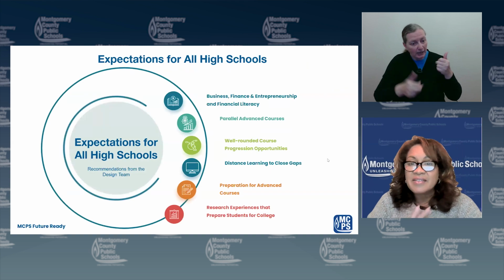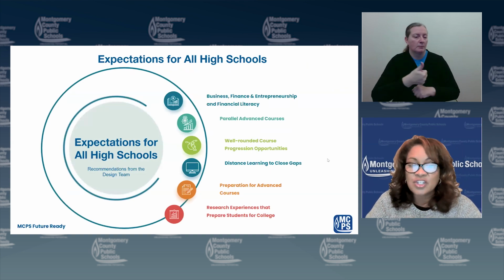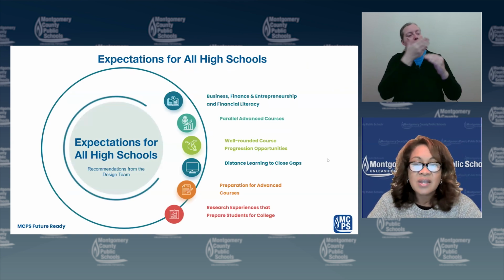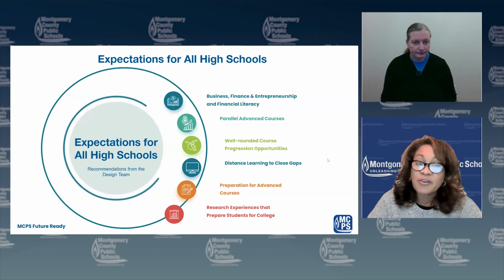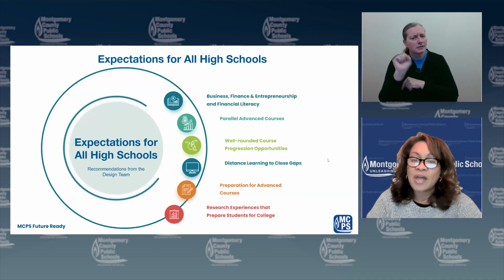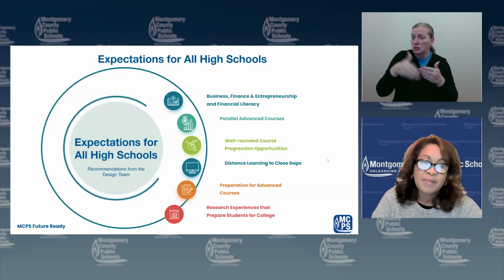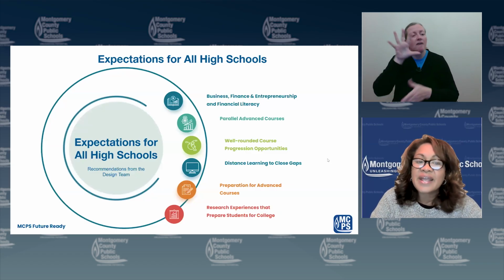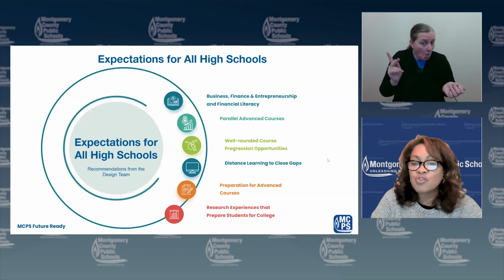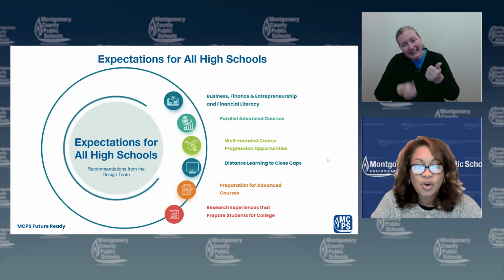So let's look at the next slide and what our expectations are for all of our high schools. As we said, 90% of our students choose to complete high school at their home school and not participate in a regional countywide program. So we need to ensure that every academic program at a high school is strong, and that's an essential part of our work.